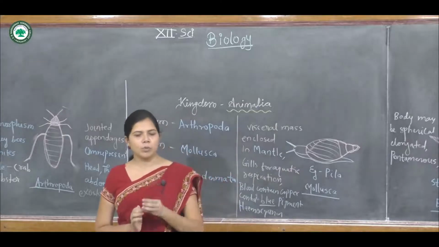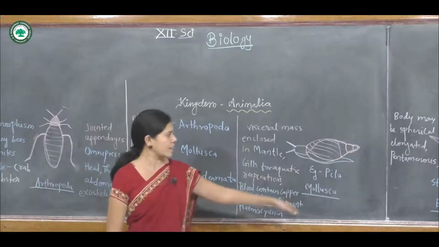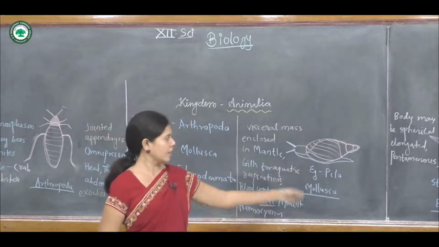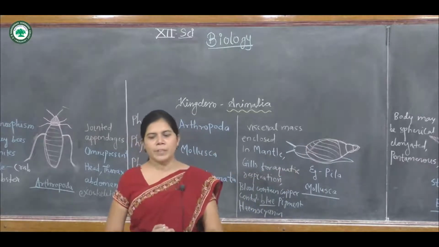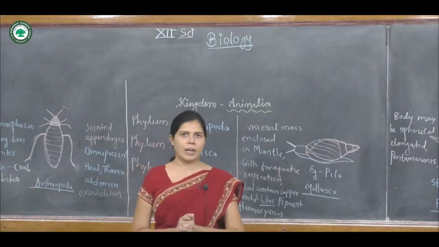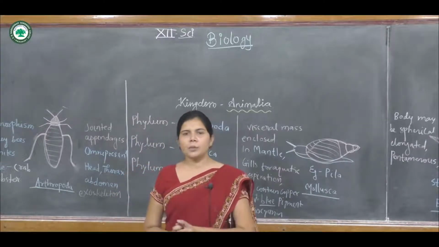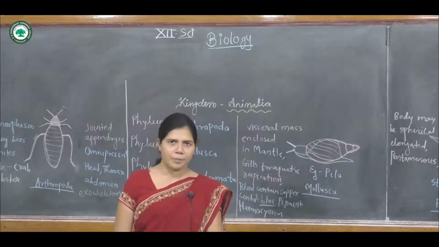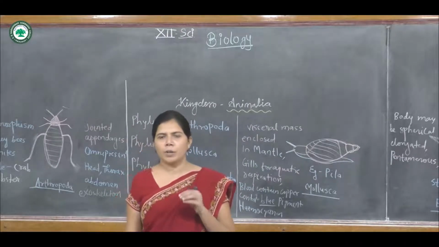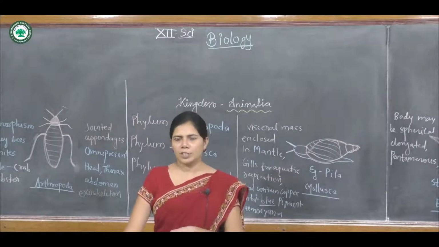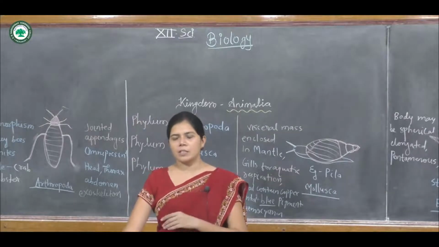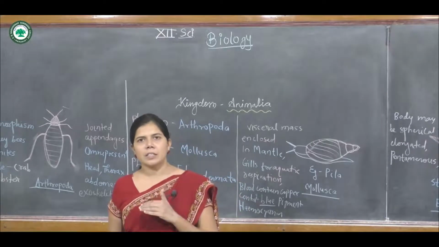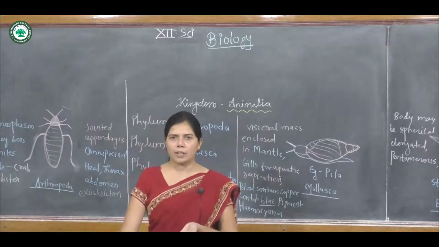The muscular foot is present on the ventral side of the body. The digestive system is well developed because the body plan is tube within tube, with the mouth for ingestion in the anterior part and the anus for egestion in the posterior part.